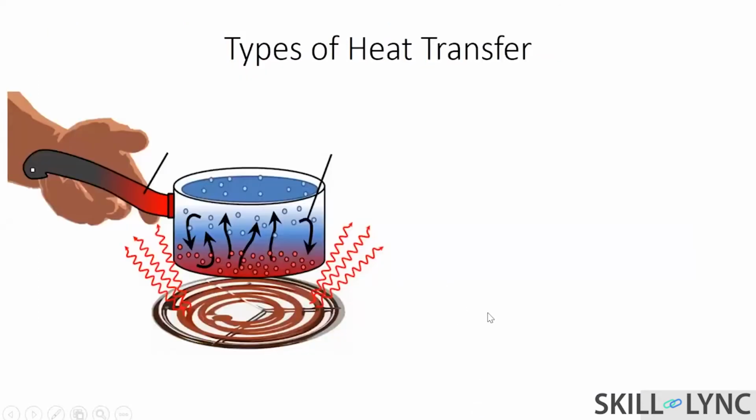Moving on to a different topic, which is heat transfer. So what is it that we are going to do? ANSYS has an option called thermal analysis. So we'll talk more on heat transfer. There are three types of heat transfer we would come across. One is radiation.